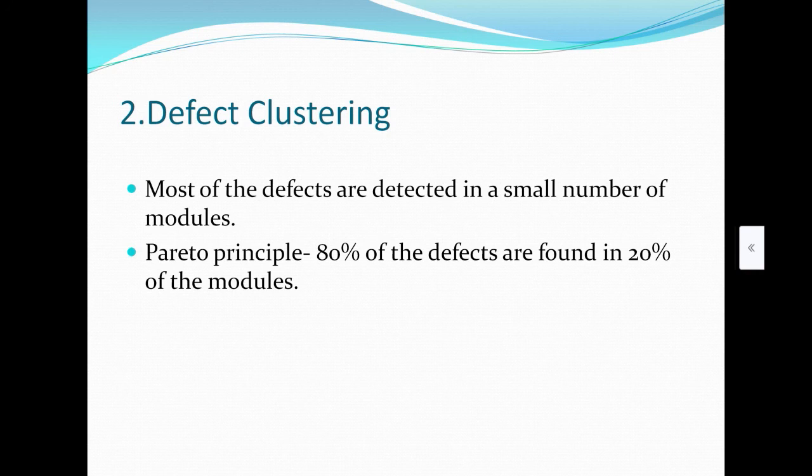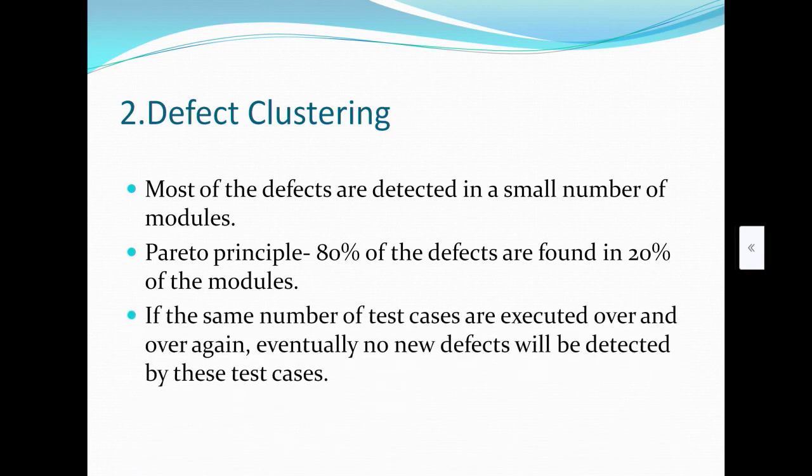But then it brings its own set of problems, which is if the same number of test cases are executed over and over again, eventually no new defects will be detected by these test cases.